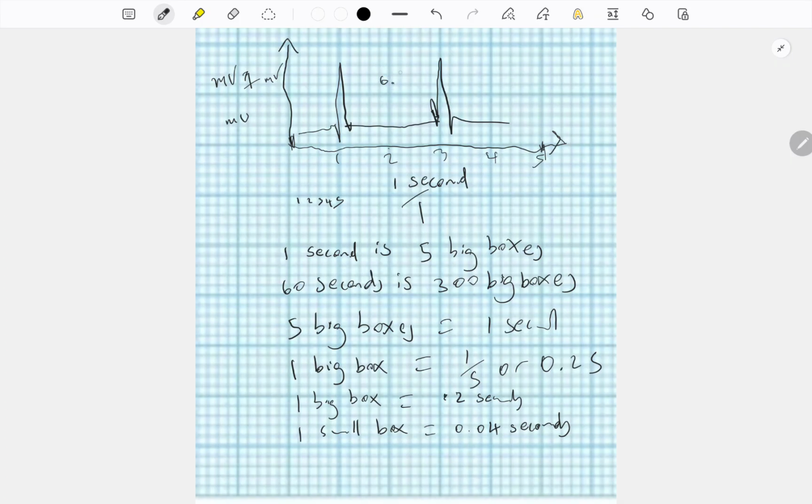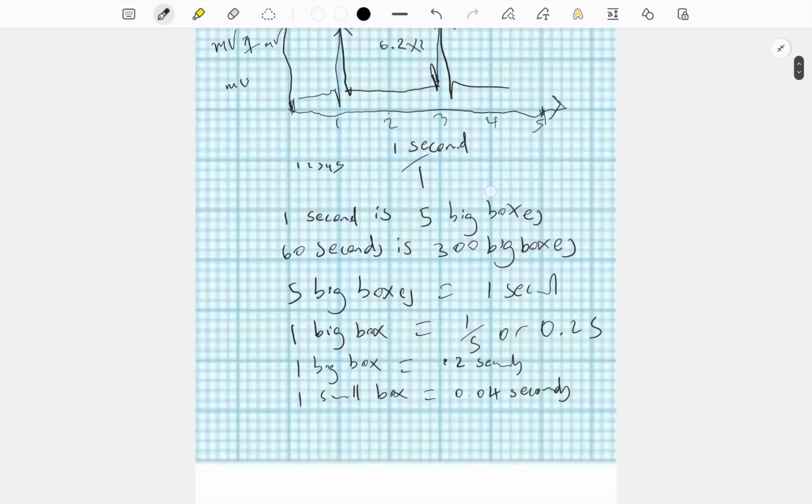So 0.2 times 2. So we're saying this distance is 0.4 seconds, or rather it takes 0.4 seconds to get from here to here. That's what it's really all about.